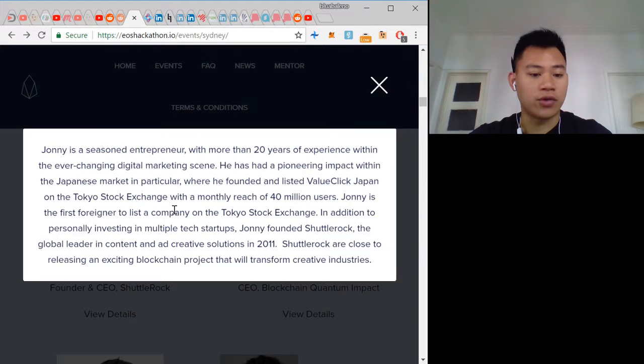Johnny is the first foreigner to list a company on Tokyo Stock Exchange. In addition to personally investing in multiple tech startups, Johnny founded Shuttle Rock, the global leader in content and creative solution in 2011. Shuttle Rock are close to releasing an exciting blockchain project that will transform creative industries.